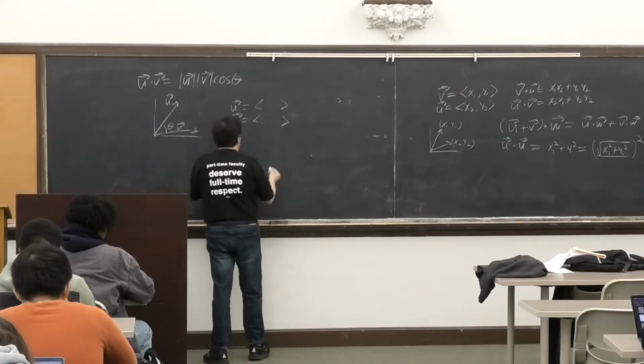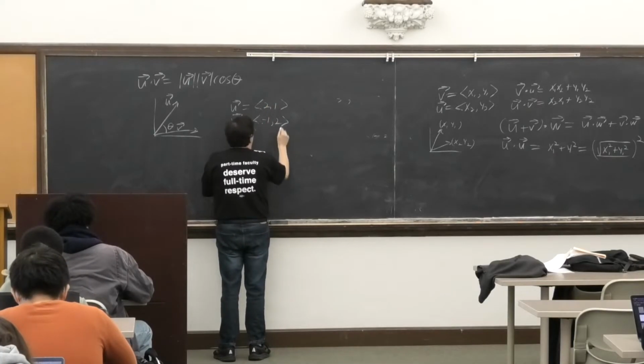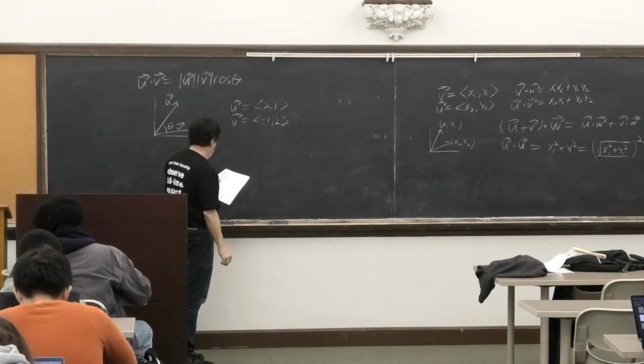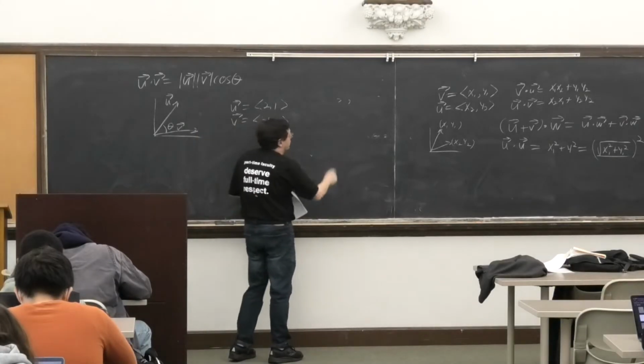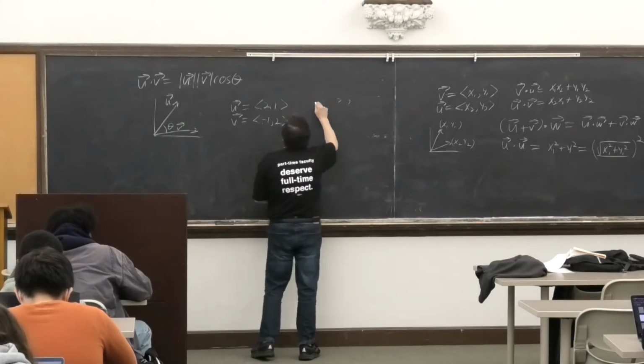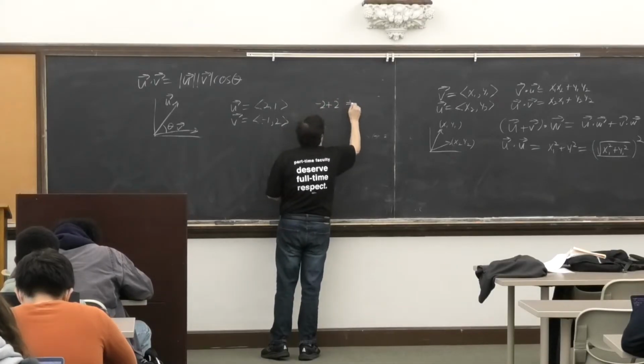How about the vectors (2, 1) and (-1, 2)? Okay, so let's use this definition. It's -2 plus 2. Oh, that's 0.